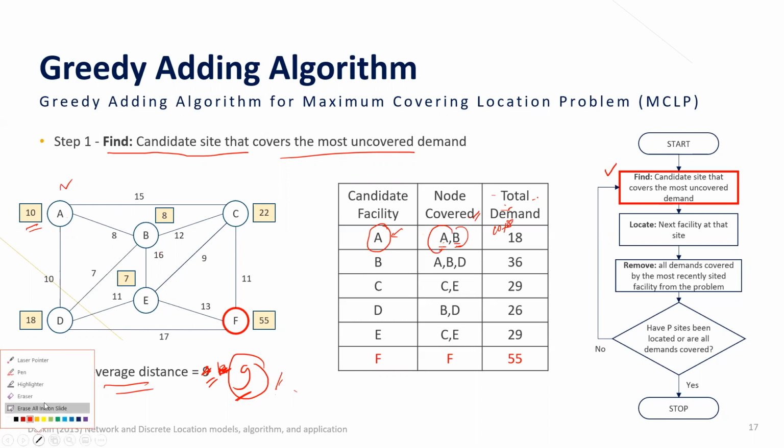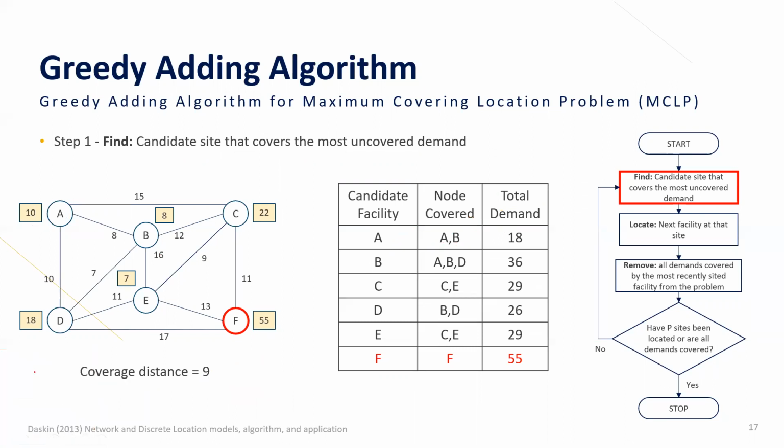Okay, we populate the same way for all the candidate facilities. Then you can see all the total demand covered. Here, the rules: what are the rules? Find a candidate site. You already checked all the candidate sites. Cover the most uncovered demand. For the first time, all the demand is uncovered. So if you want to open for the first time, based on this rule, we select F, in which the total demand is 55.